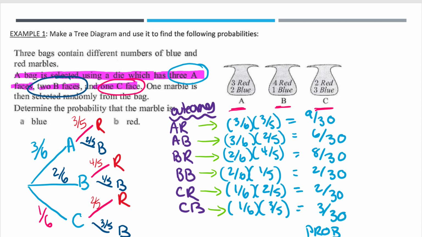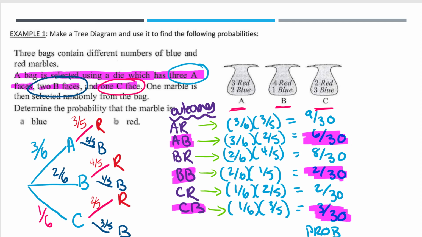So for A, what is the probability that the marble is blue? So I'm going to take all of the probabilities that have an outcome where the marble is blue, and I'm going to add them up. So meaning that we could have the event that it's bag A and blue, or we can have bag B and blue, or bag C and blue.